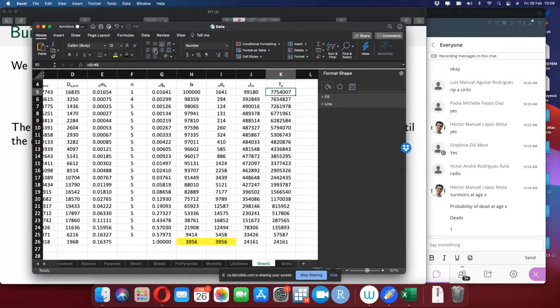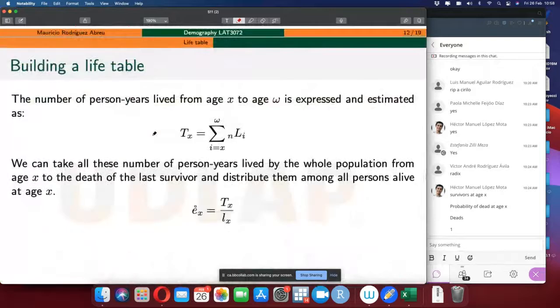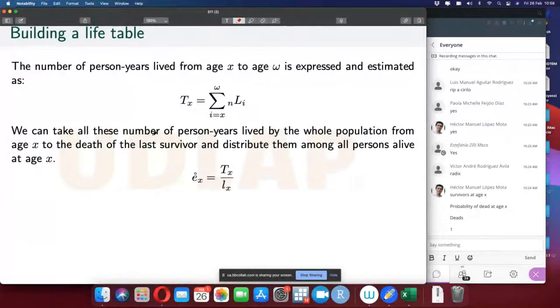Now what can I do? What do I need that for? Well, we have all this huge number of person years. Let's take this number of person years and allocate it to all my survivors. So essentially, what we are saying is, let's take all these person years and see on average how many person years I'm expecting a survivor to this age will live.